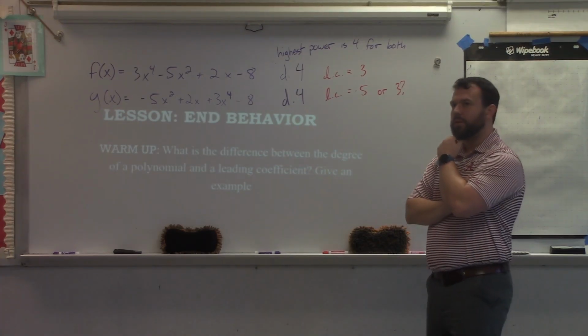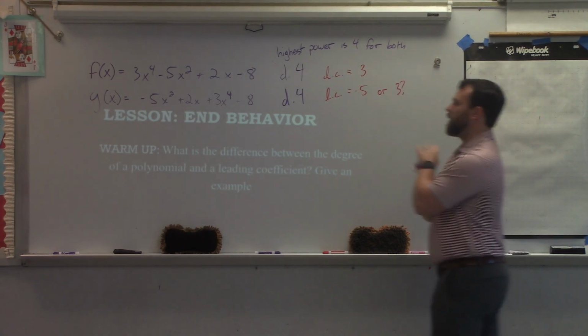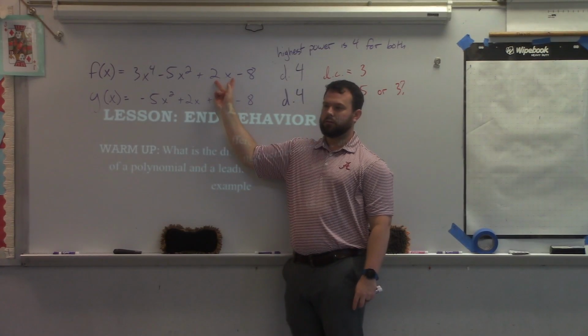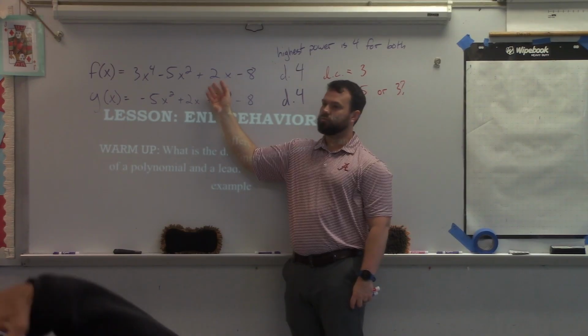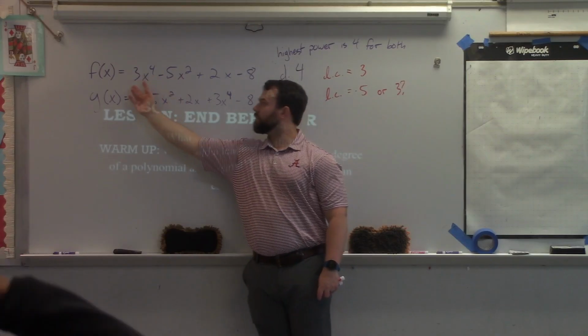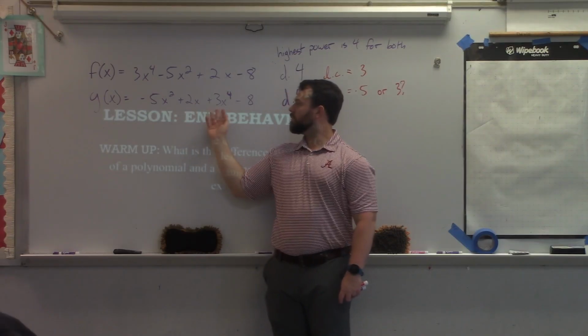So the first number with a power, but I'm not asking leading coefficient. I just mean coefficient. Like for example, what's the coefficient here? This has a coefficient. It's not a 1. It's a 2. What's the coefficient here? -5. What's the coefficient here? 2, 3.